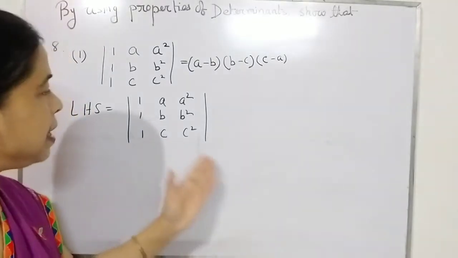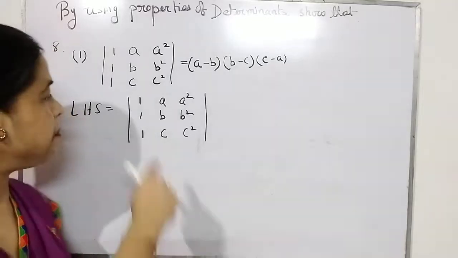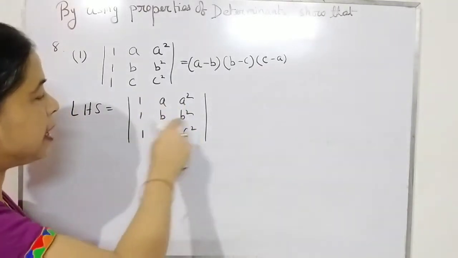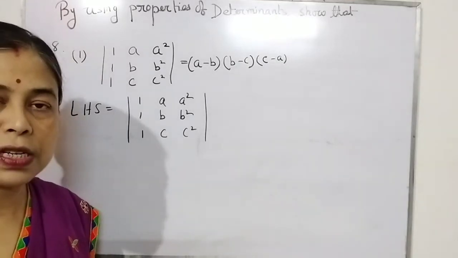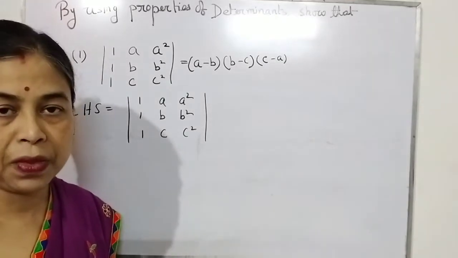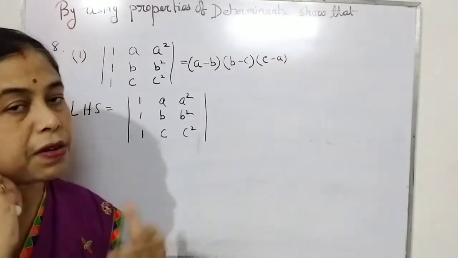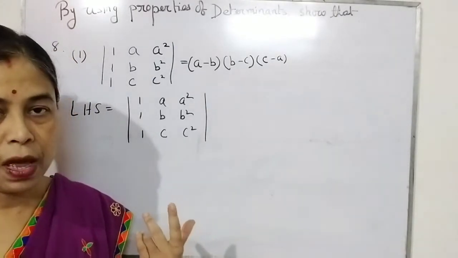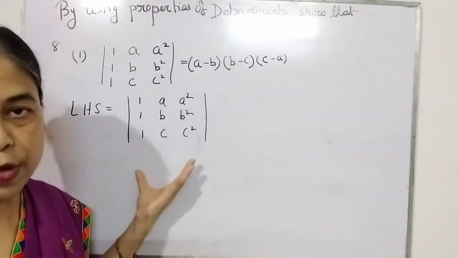So suppose I check, is it helpful if I interchange the rows and columns? That means if I write the first row as the first column, second row as second column, third row as third column, that will not help you. Third one, no row or column is identical. Fourth one, you cannot take any common factor outside. Fifth one, it is not expressed as a sum of two or more than two elements.